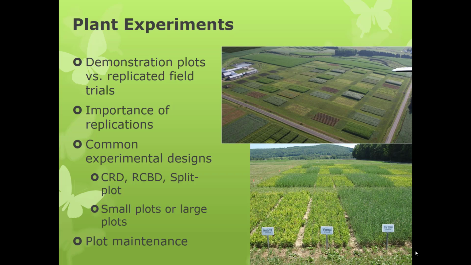However, if your plots are 30 by 30, that is a lot bigger, and so having more replications sometimes isn't feasible. So you have to make sure you have a good handle on what land you're using for your experiment. That's important for a lot of reasons, but plot maintenance is the big one. If the plots take a lot to stay maintained, like you have to make sure that border rows are staying clipped and applying treatments on a regular basis, you may want to do that on a 1 by 1 meter plot versus a 30 foot by 30 foot plot.